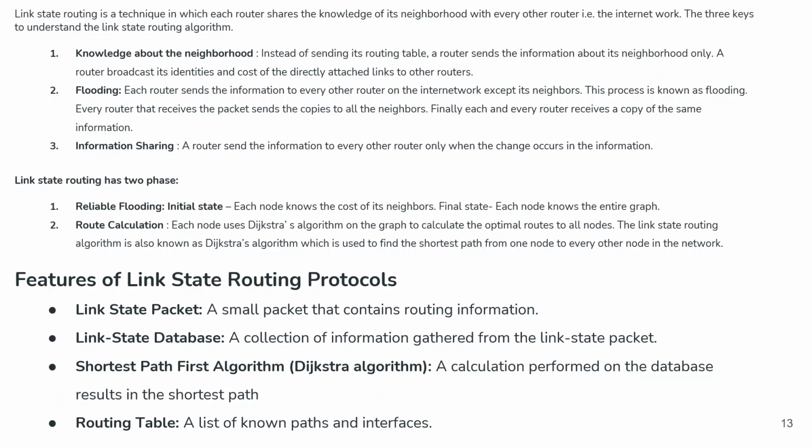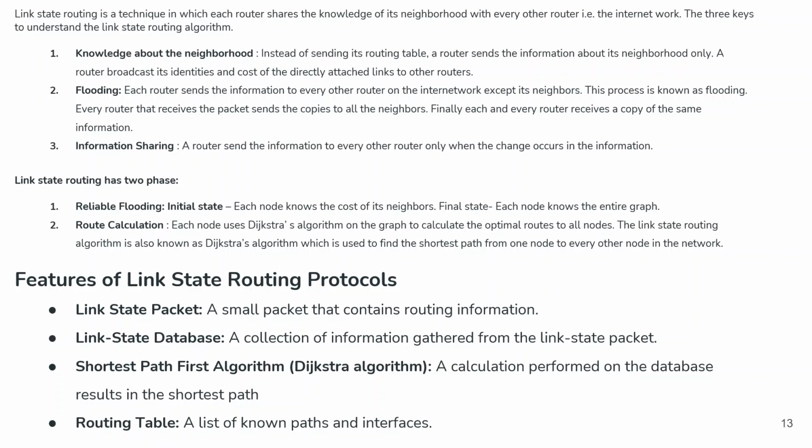The three keys to understand the link state routing algorithm are knowledge about the neighborhood, flooding, and information sharing. So mostly the information sharing happens between the routers in the networks. The first point is knowledge about the neighborhood. Instead of sending its routing table, the router sends the information about its neighborhood only.